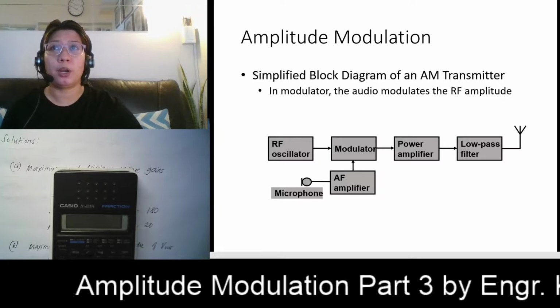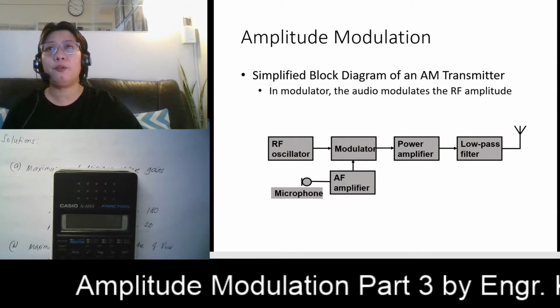There are two devices to generate AM. If you're going to transmit high powers for high efficiency or complex waveforms, we are going to make use of an AM transmitter.